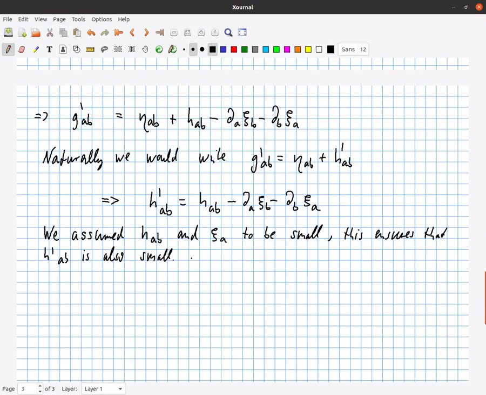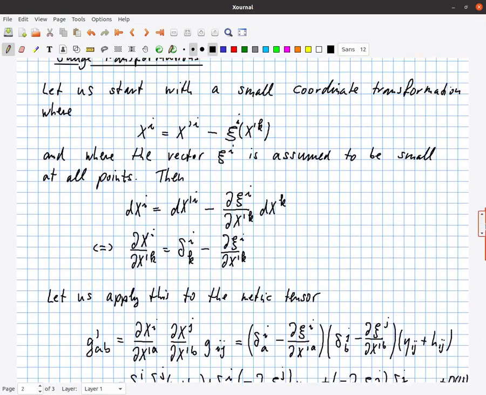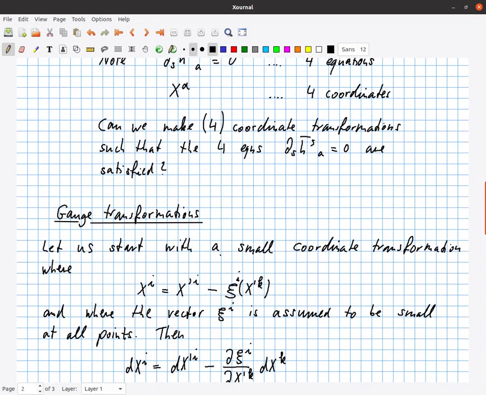And we note again that psi a, with upper or lower indices, it doesn't matter, has 4 components, which is unsurprisingly the same number as the number of 4 coordinate transformations, because every coordinate x^i is changed by xi, so there are 4 xi's.